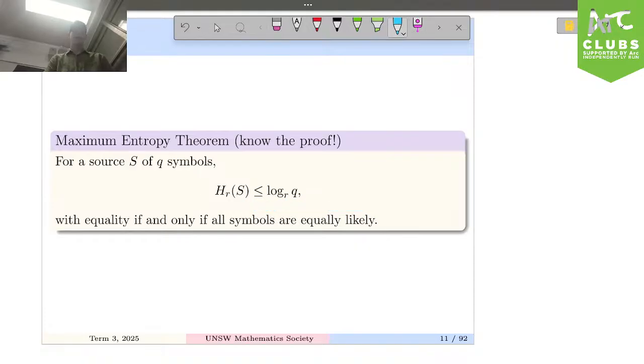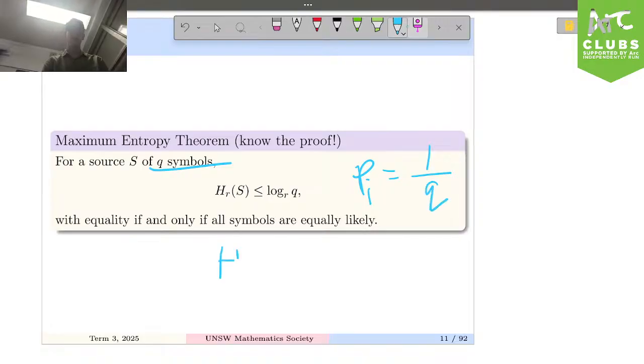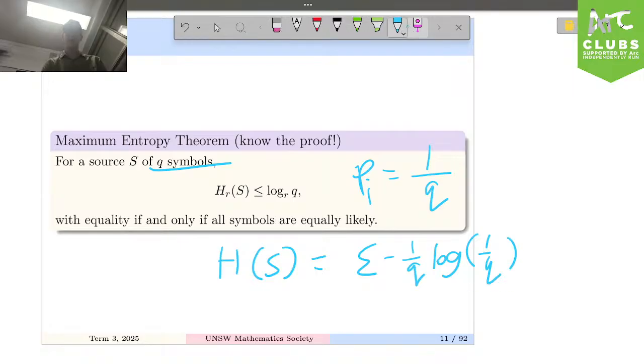So when there are q source symbols, the probabilities p_i are all 1 over q. So the entropy is the sum of negative 1 over q log 1 over q. And this is a constant factor, so you can scale that out.